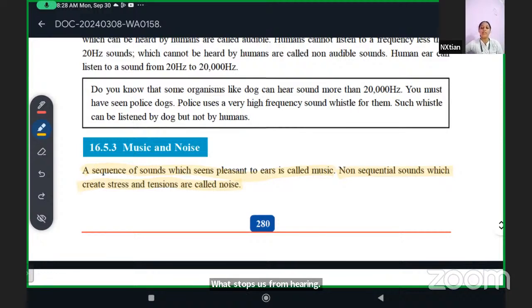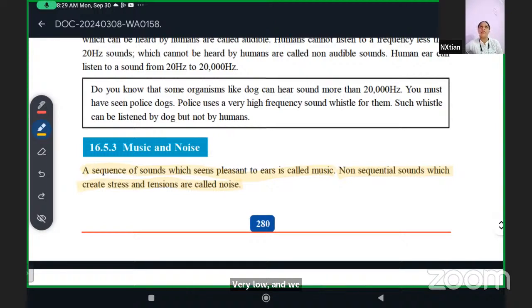Basically it is how the structure of our ear is designed. We are made to hear sounds that start from 20 hertz and above. Below that are sounds that are very minute and very low, and we humans cannot hear that.